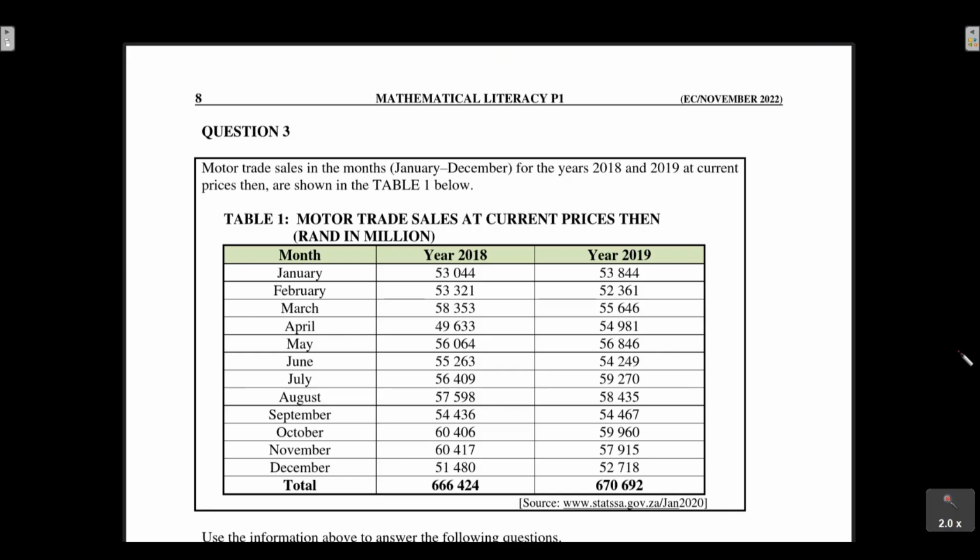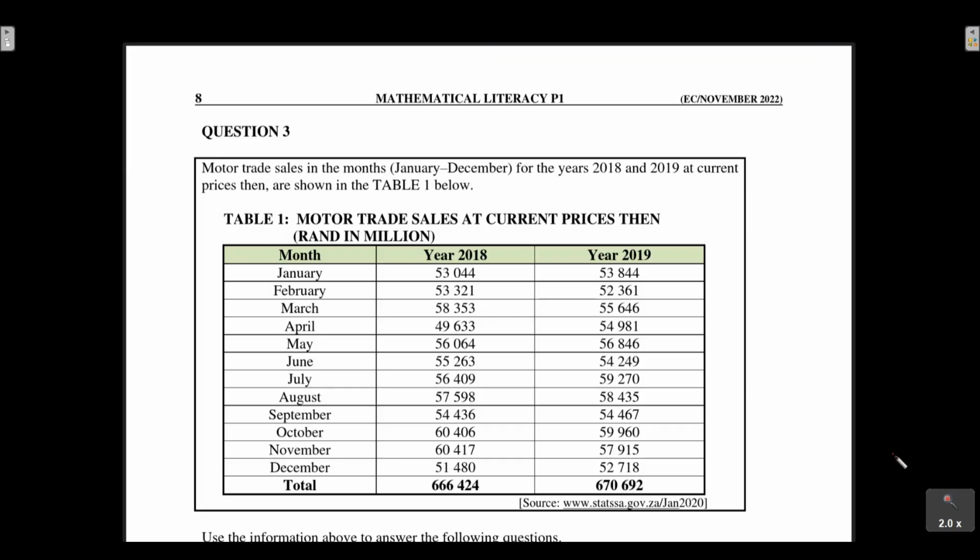So on today's video tutorial, guys, we are still going through the grade 11 mathematical literacy paper 1 that was written in November 2022 by the Eastern Cape learners, right? And guys, we're going to be using this paper just to help us prepare for our final exams, okay?